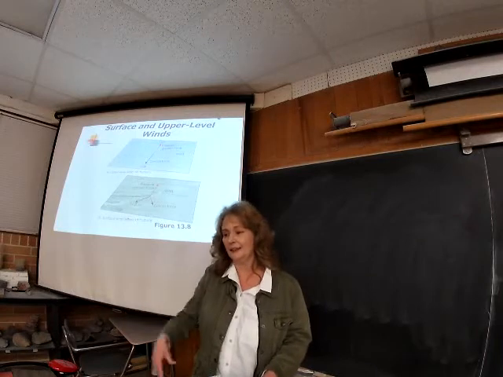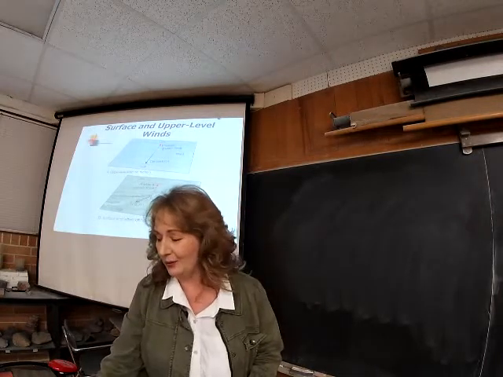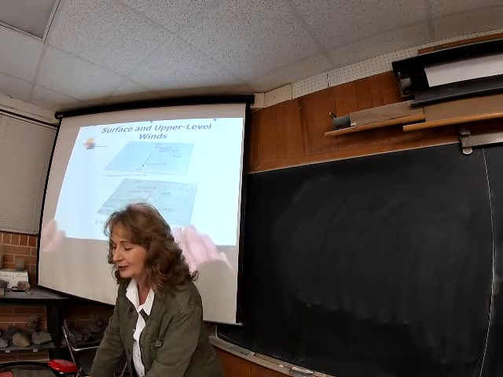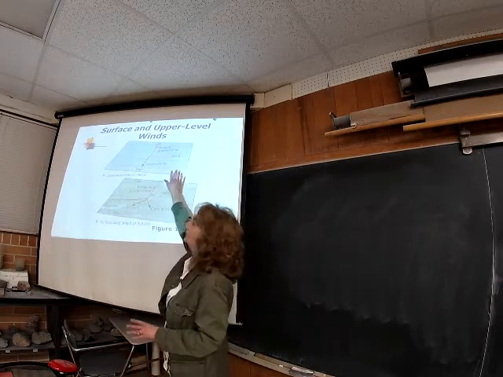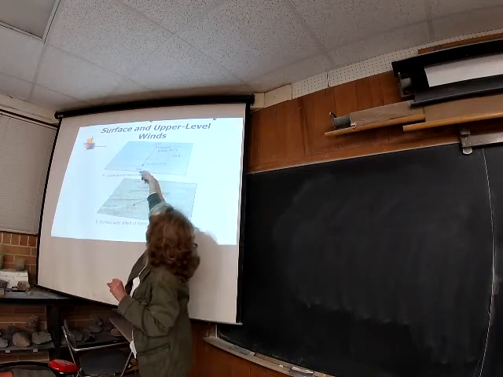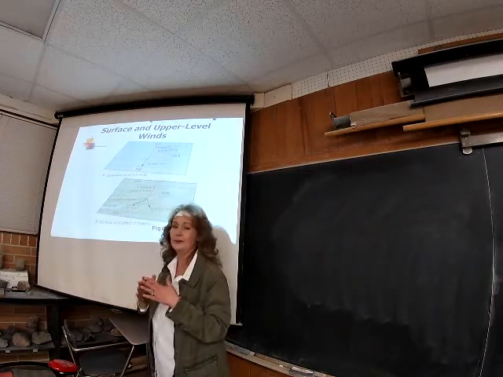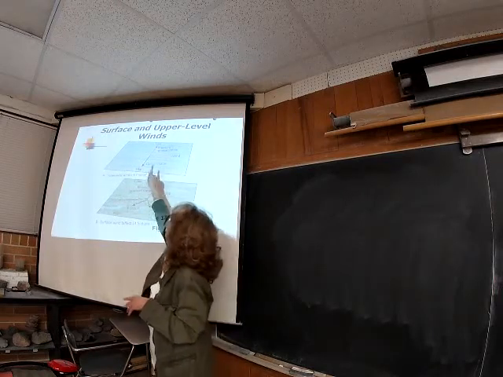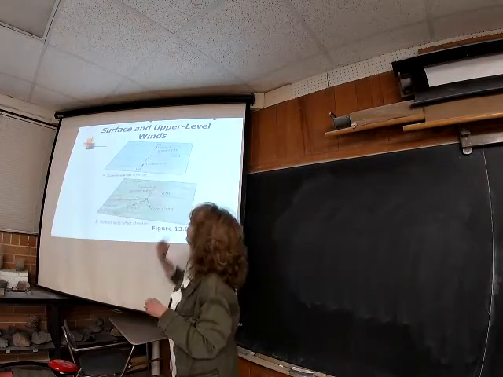Now looking at the surface level winds, here's that first one, the upper level. No friction is in the mix here. You've got your Coriolis force and your pressure gradient force being opposed or balanced, okay? And your wind direction goes parallel to the isobars.